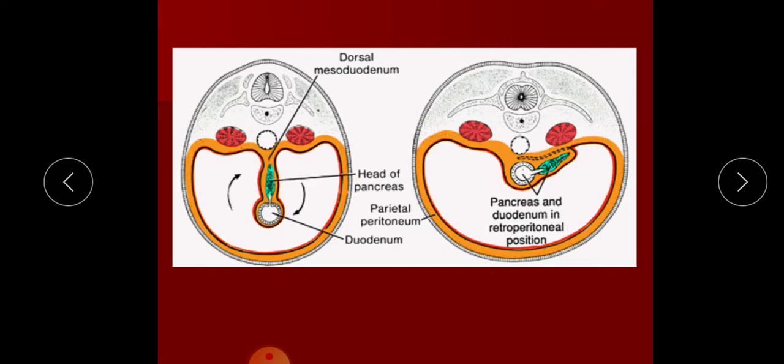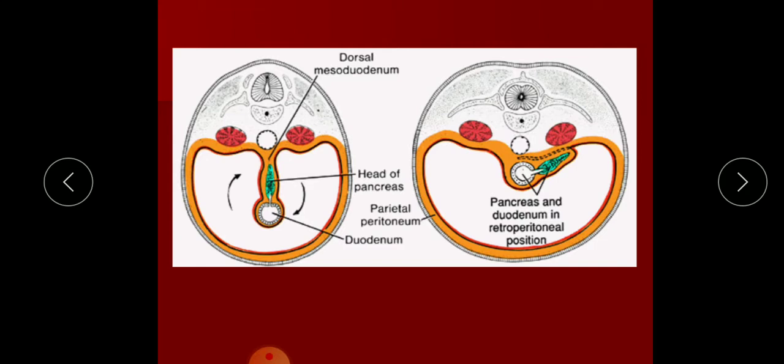Now when the stomach is rotating, the duodenum also undergoes rotation, and so this loop is now moving towards the right side along with the rotation of stomach. You can see this loop has now reached the right side, and this mesoduodenum now gets absorbed as a result of zygosis.